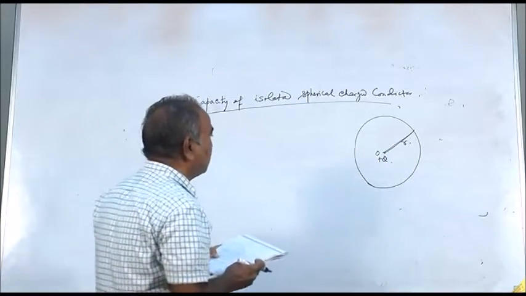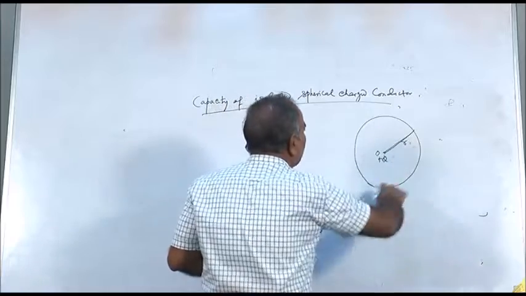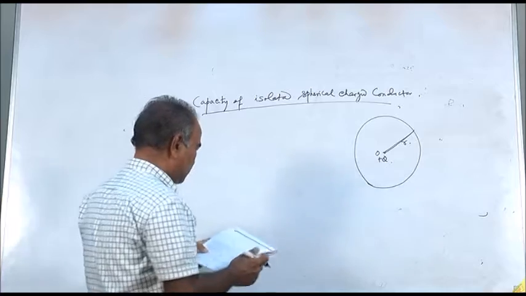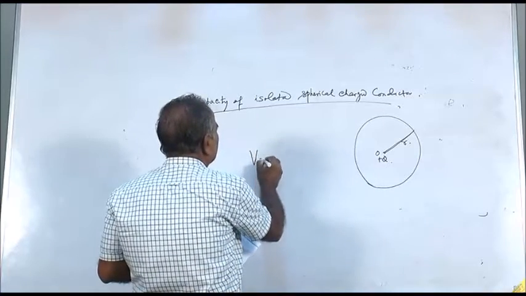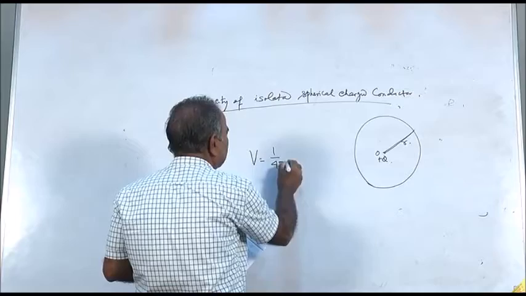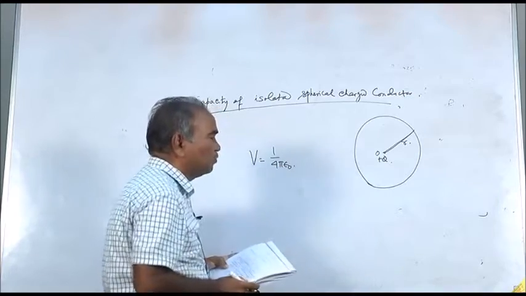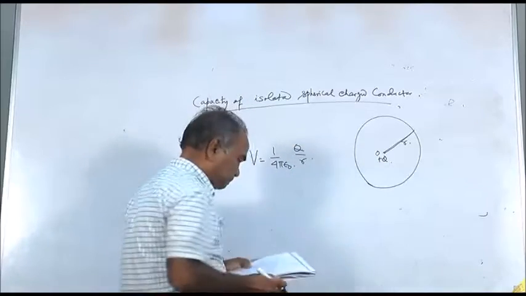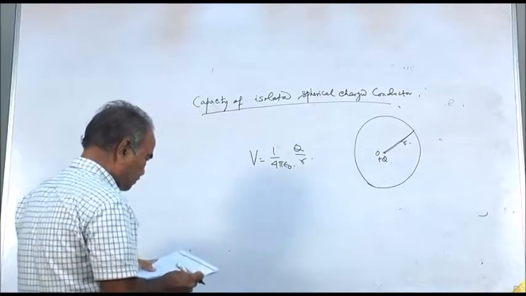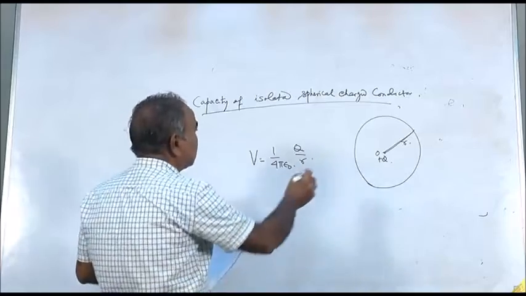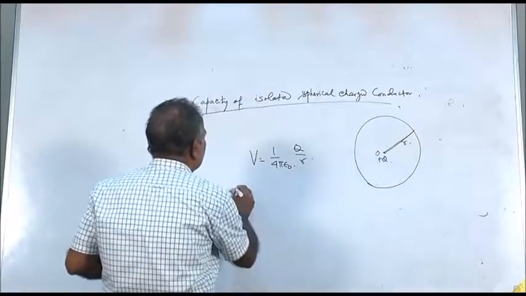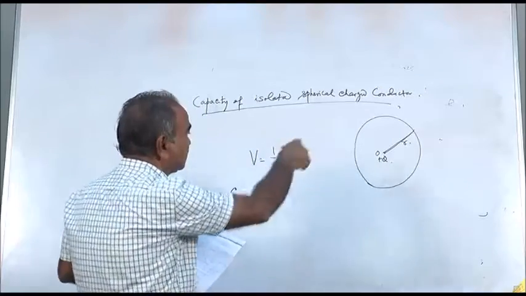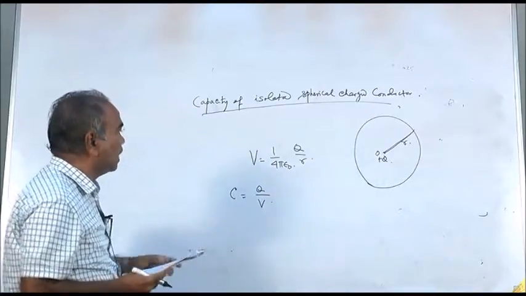So the spherical charged conductor acquires a potential V that is equal to 1 by 4 pi epsilon 0, since this is in air, Q by R. So the capacity of this conductor C is equal to Q by V, where Q is the charge on the conductor and V is the potential.